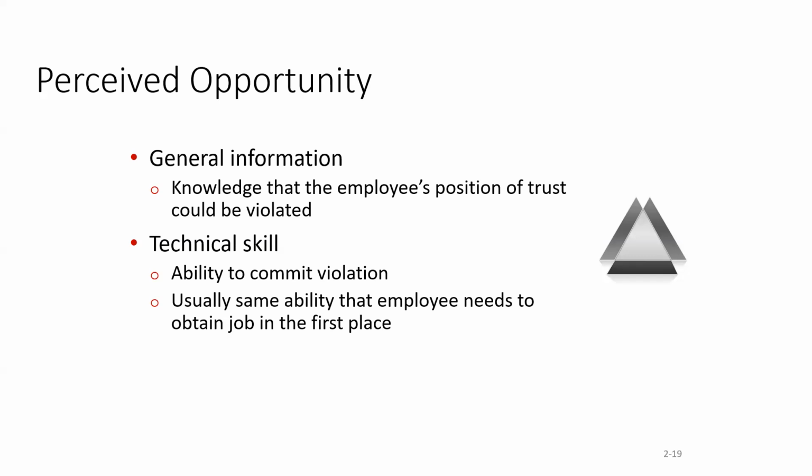Most employees might have these same characteristics, but trusted people that possess the information and the skill, when faced with a non-shareable financial problem, might see it as something they can use to correct it. So they apply their understanding of the possibility for trust violation to the specific crisis that they are faced with.